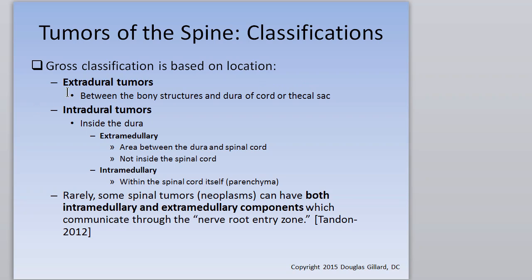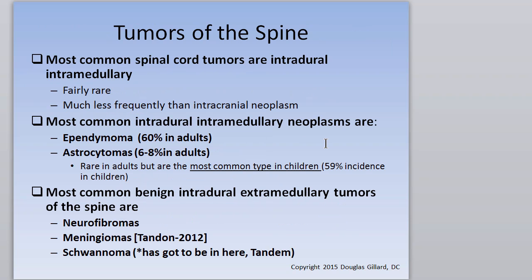You have this slide: extradural tumors versus intradural tumors, and you should know the subclassifications of intradural tumors are extramedullary versus intramedullary. And you should know the most common intradural intramedullary neoplasms are the ependymoma and astrocytoma. The source is Hyatt 2012 Spinal Tumors book.